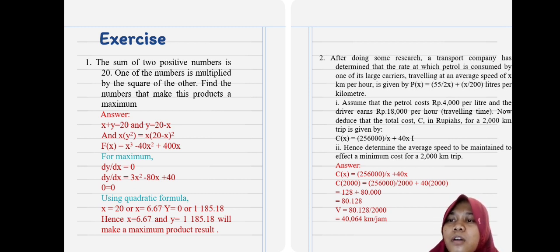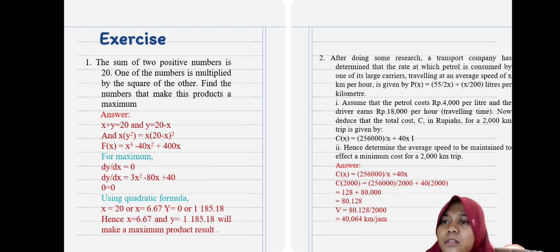Assume that the petrol costs 4,000 per liter and the driver 18,000 per hour of traveling time.